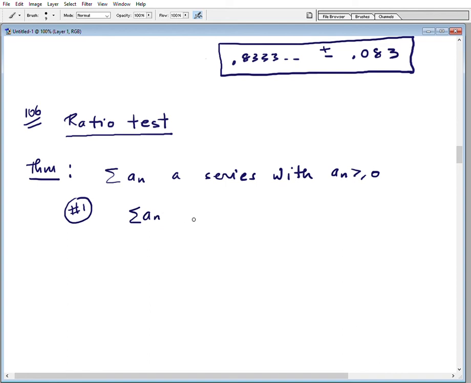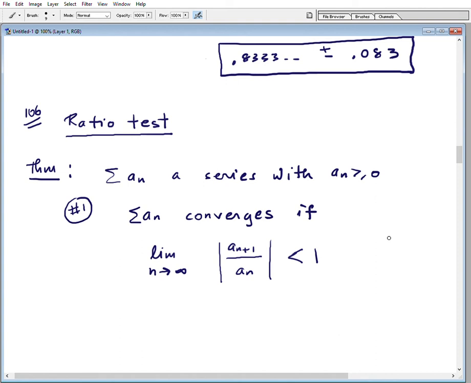We say that this converges if the following is true: the limit as n goes to infinity of a sub n plus 1 over a sub n is less than 1. Now, I'm surprised at this condition, and I'm going to look it up. I just want to make sure that's true. I don't understand why you need that. Let me look up to make sure I wrote that correctly.